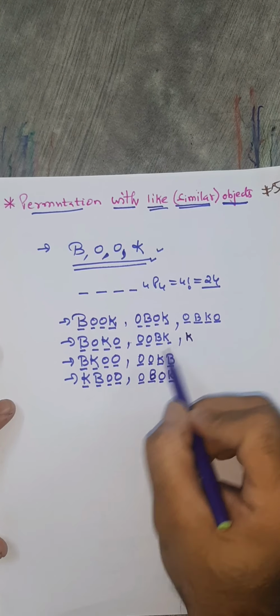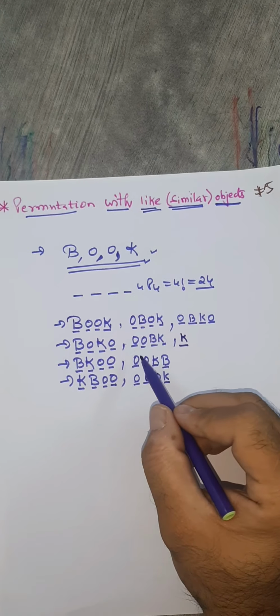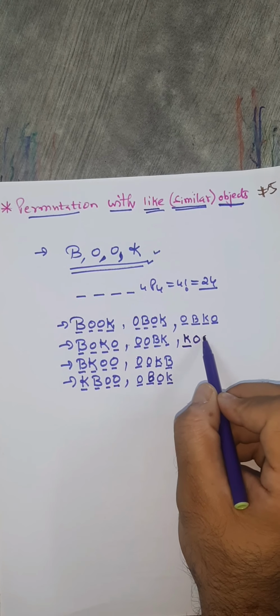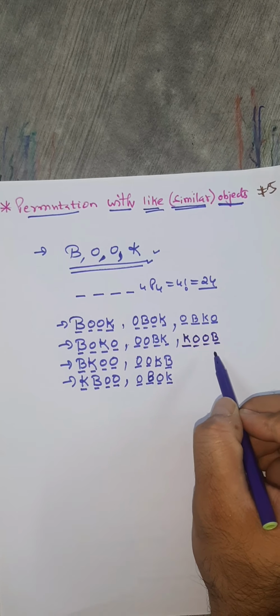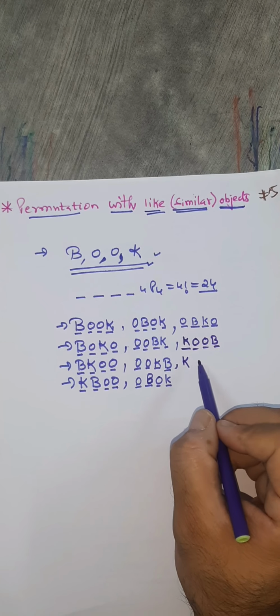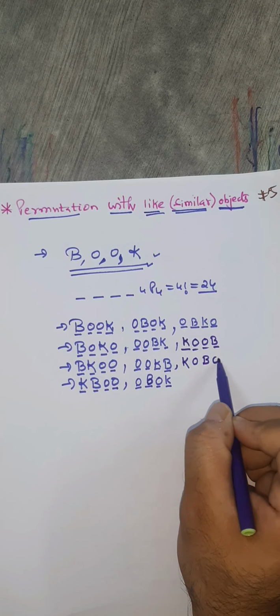Then what else can be done now? Suppose I'll take K here, then I already took B here, so now I keep O, then again O, now B, okay? Then I'll keep K here, then I'll keep O here, B here and O here.